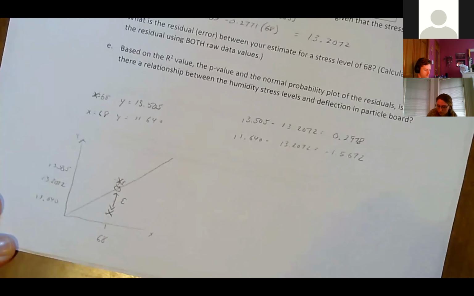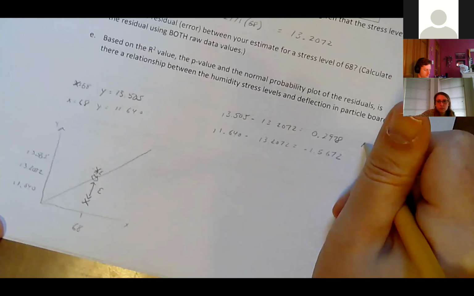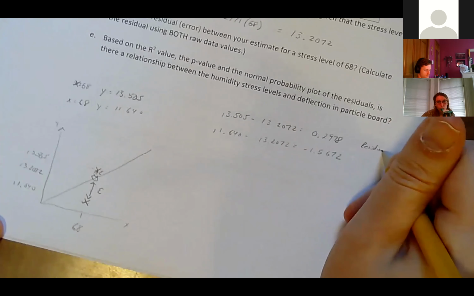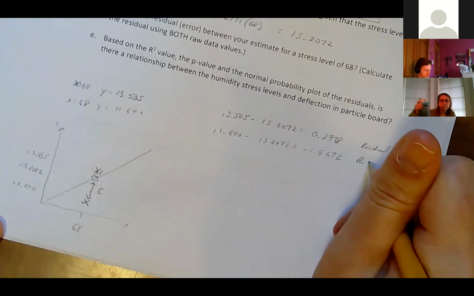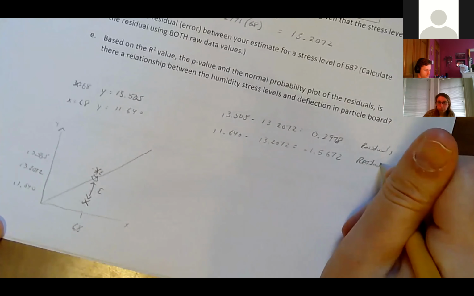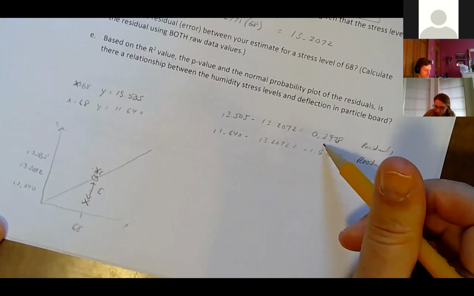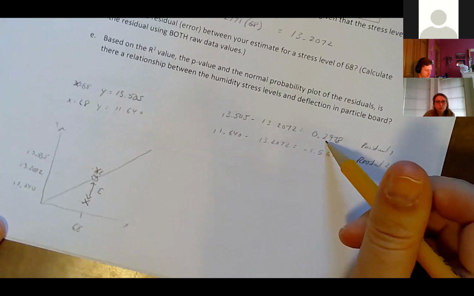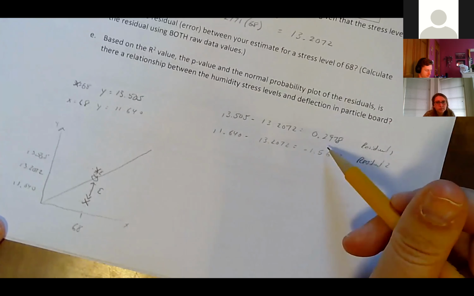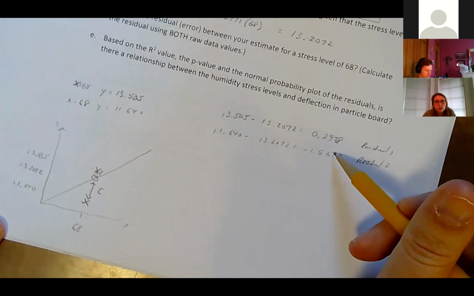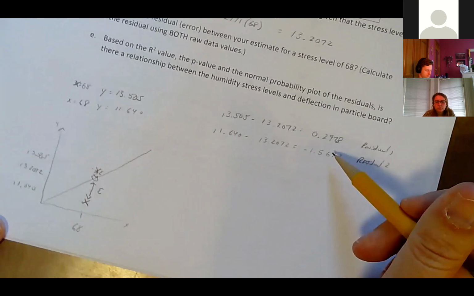So those are my actual residuals. So this is residual 1 and residual 2. But the significance of this is showing that that's a lot of variation there, right? I've got a positive 0.2978 and a negative 1.5672 for the same x value.